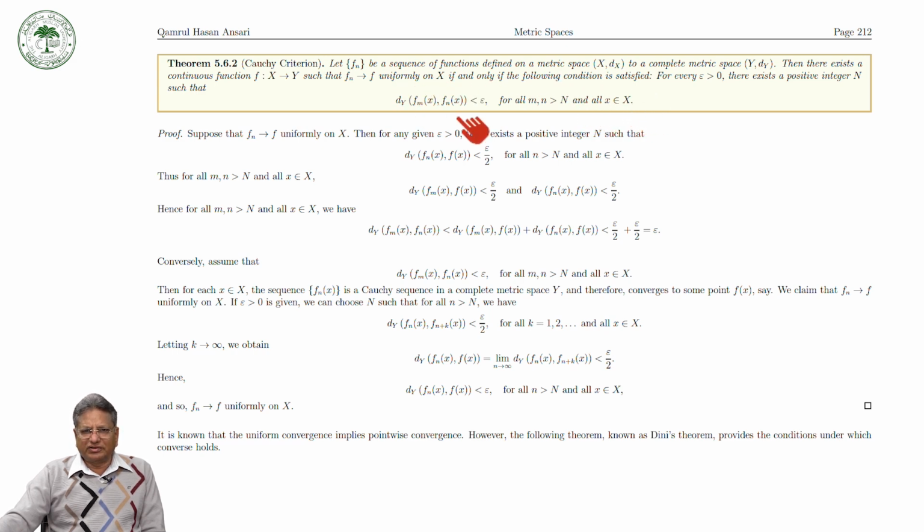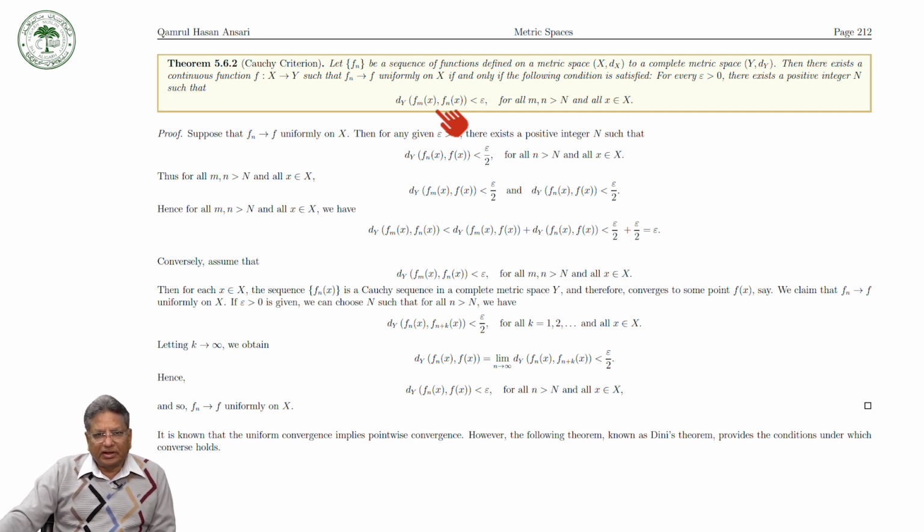And this means what? This means that Fn(x) is a Cauchy sequence. If it is true for all x, keep in mind it is true for all x, then this is a Cauchy sequence of elements of Y. Here we are taking Y to be a complete metric space.